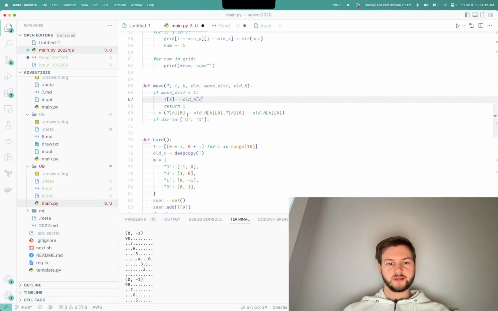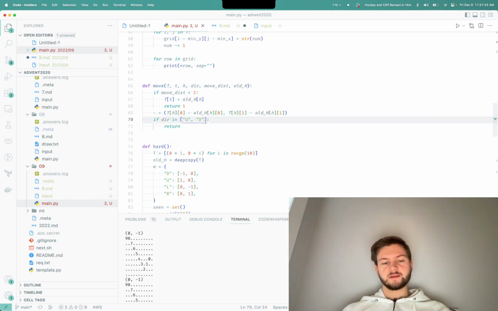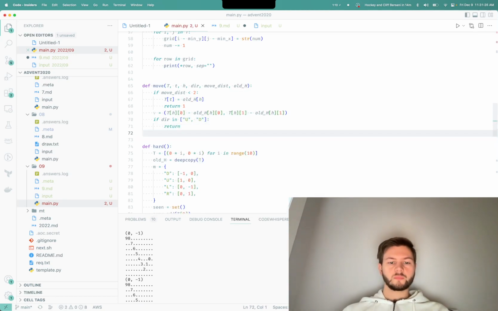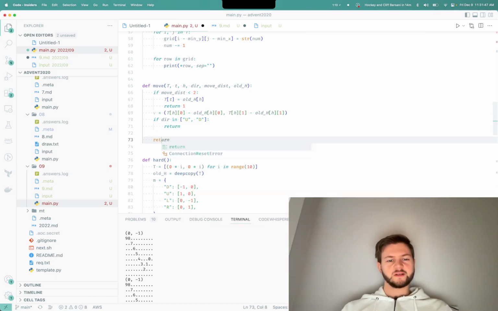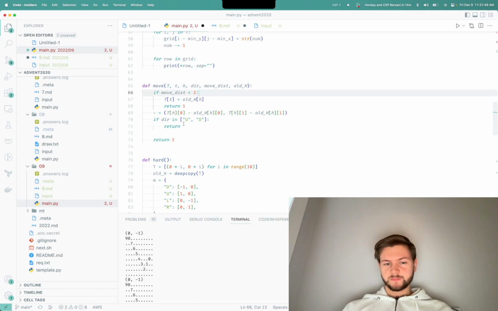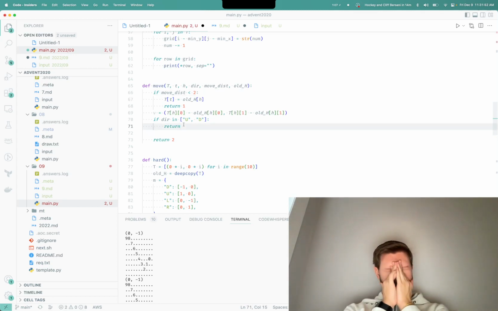So now distance will be 2. Regardless, we're going to return 2 here. The big question is, what movement is happening?